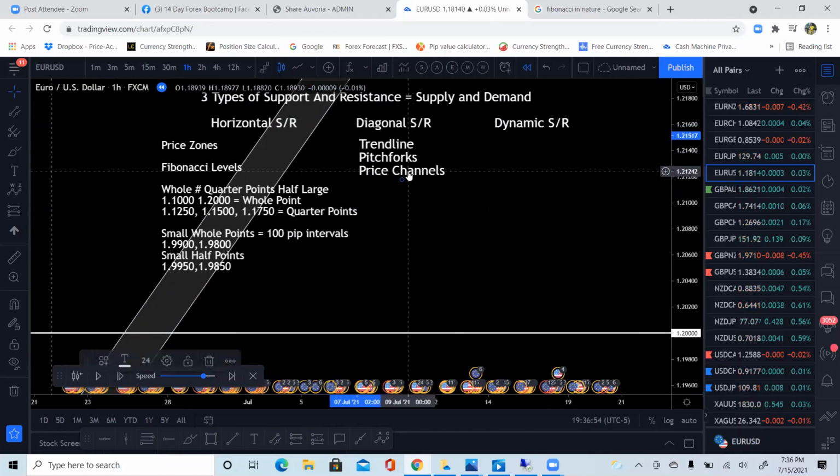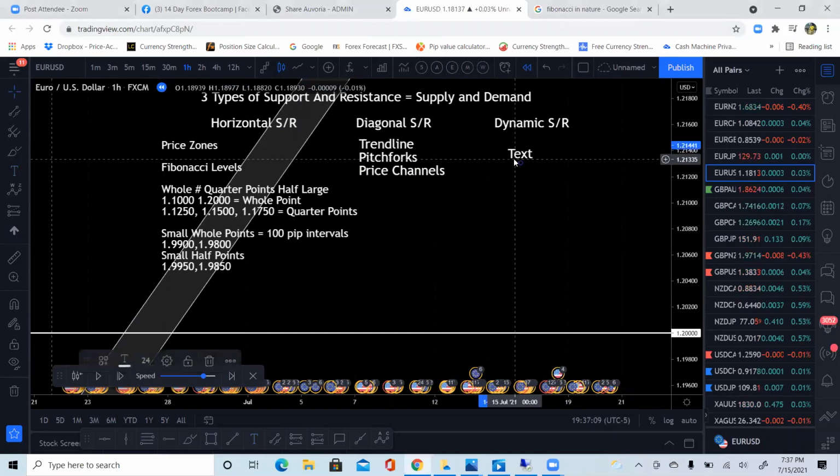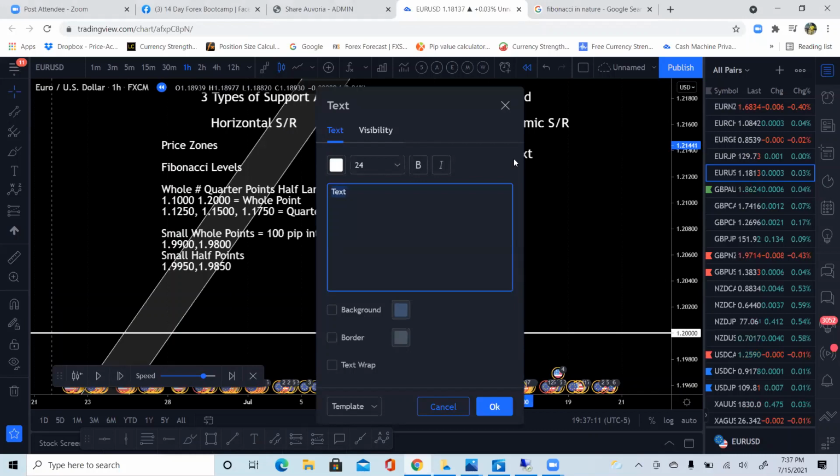So that concludes your diagonal support resistance. The last type is the dynamic support resistance. Your dynamic support resistance are going to include Bollinger Bands, moving averages, and Ichimoku clouds.